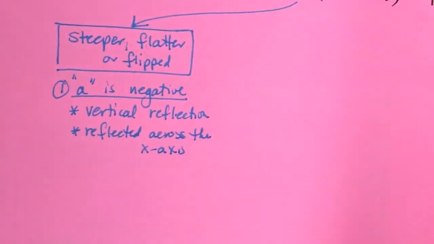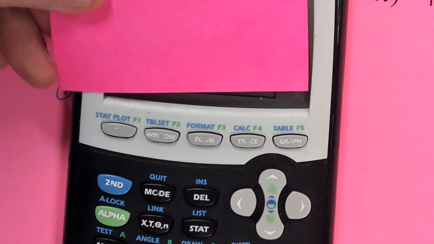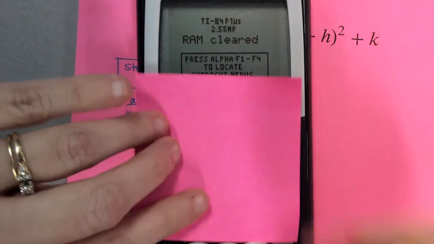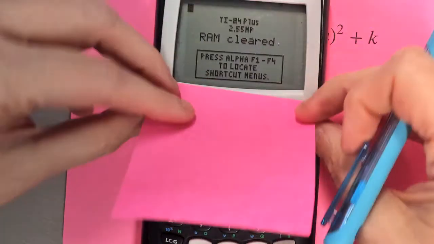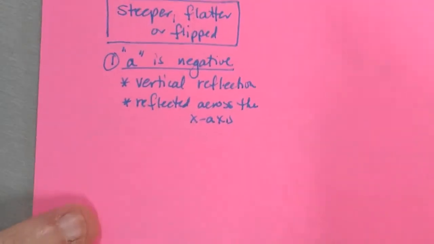And what I mean by that is, if it's a vertical reflection, I'm just using this as a terrible example, but let's just pretend I'm reflecting any shape. If it's vertical, I'm going up and down, but that means the flip is happening along the x-axis, so I'm going over the x-axis. Okay, so that's the first possibility.